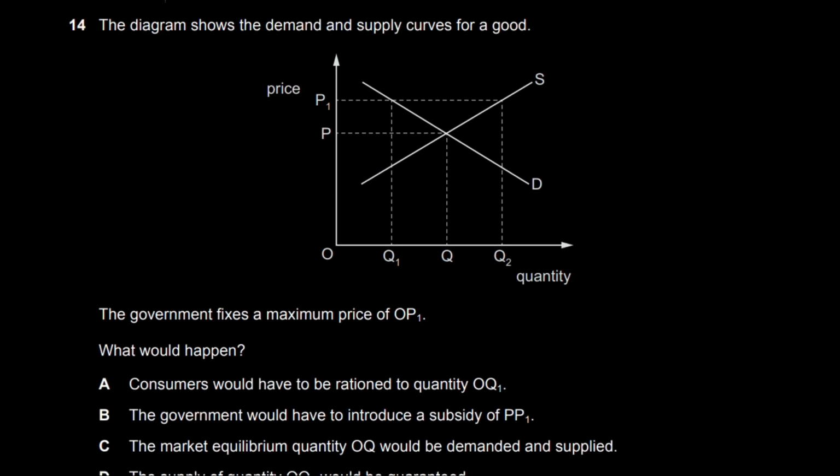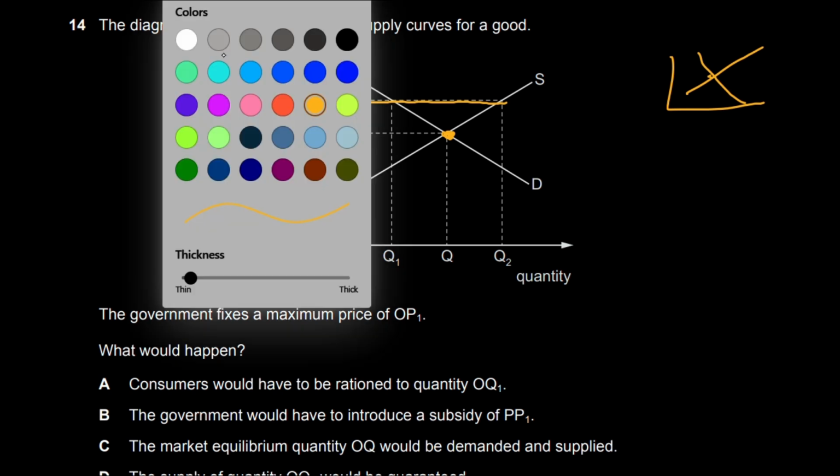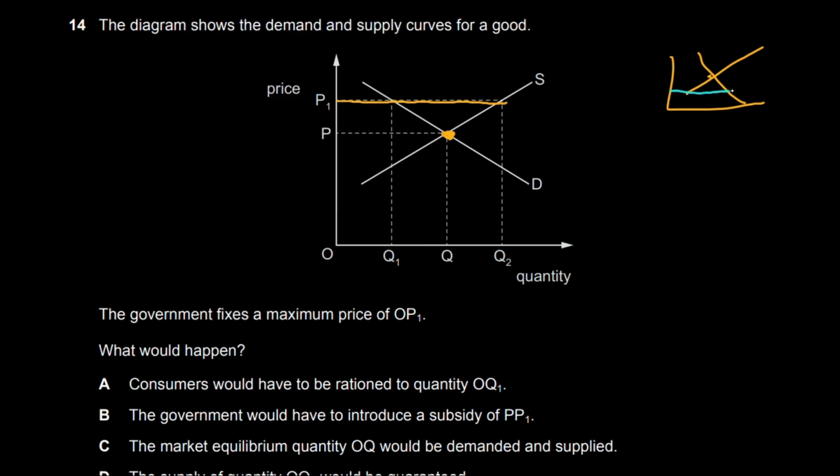The diagram shows the demand and supply curve for a good. Currently we are here at PQ. The government fixes a maximum price of OP1. So this is the maximum price fixed by the government. Remember, whenever we have to fix an effective maximum price, it must be below the equilibrium price in order to keep our prices down.